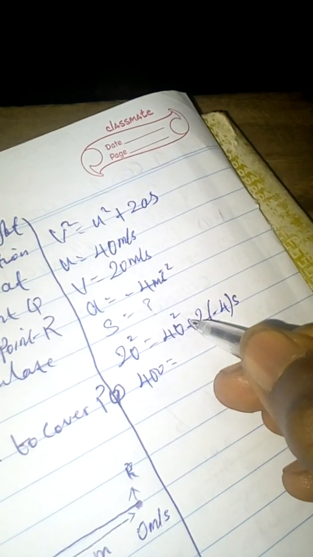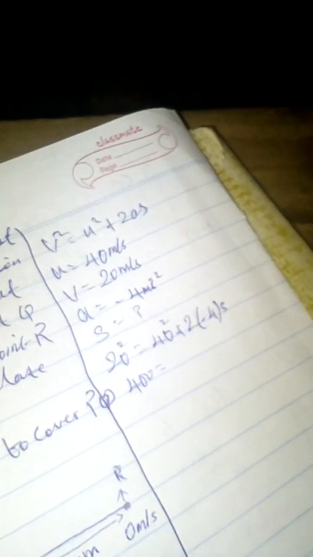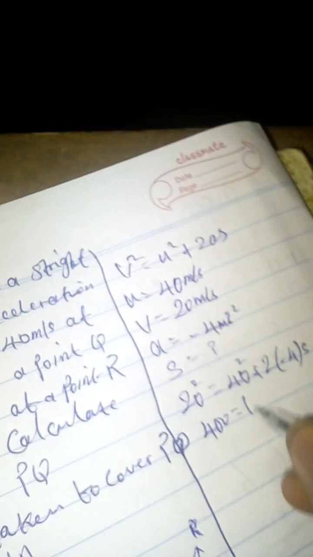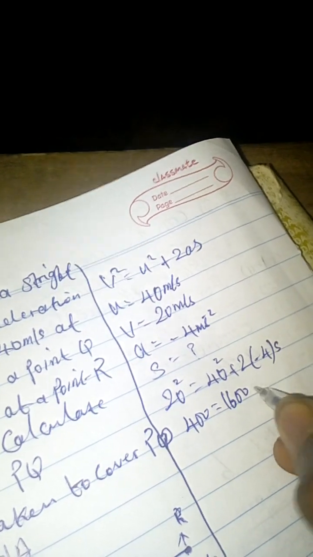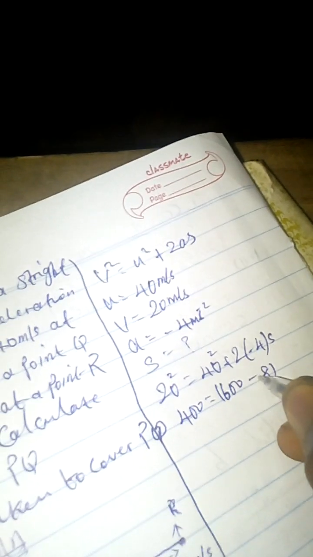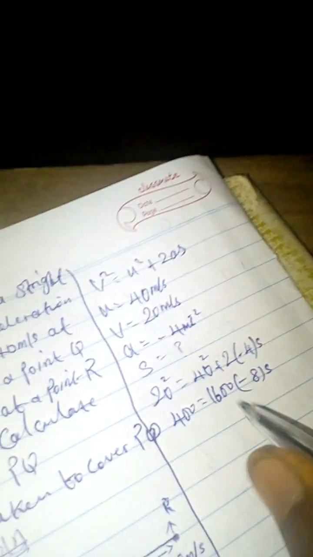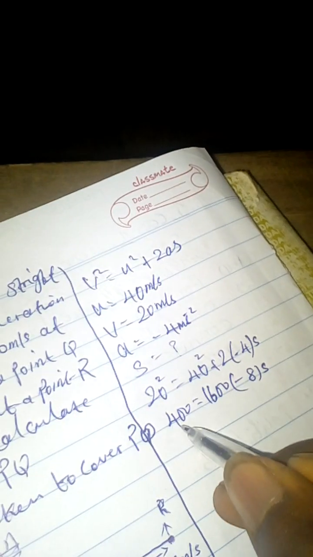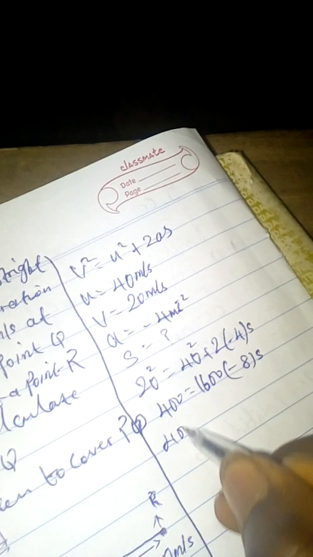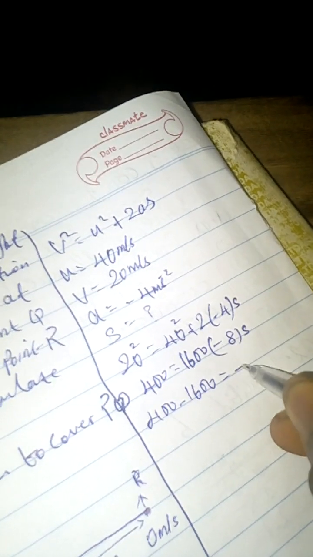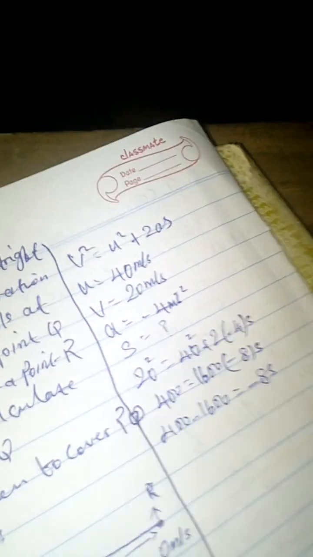Now 40 squared is 1600, minus 2 times 4, 8, minus 8s. Let's take this one across the equal sign. So that is 400 minus 1600, which is equal to minus 8s.